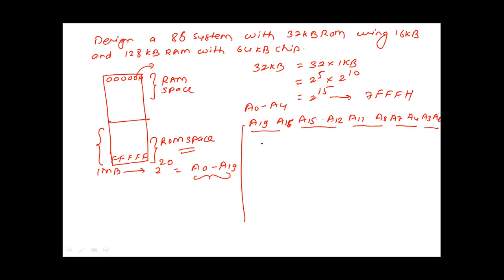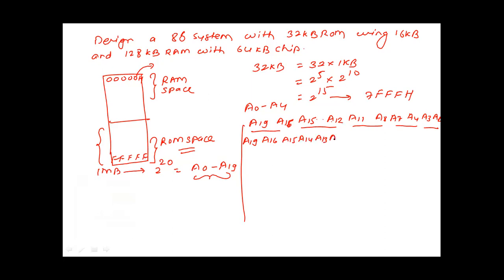So I will rewrite this again. A19 to A16 would be the uppermost nibble, then A15, and A14.